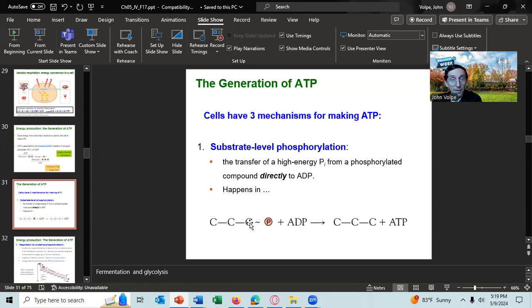So the phosphate comes off of this 3 carbon group and then goes to ADP, making ATP. Substrate level phosphorylation actually does happen in glycolysis, and we'll talk about that a little bit later, but we don't say that this is substrate level phosphorylation making the ATP at that point. We just say in this step of glycolysis, ATP is made.